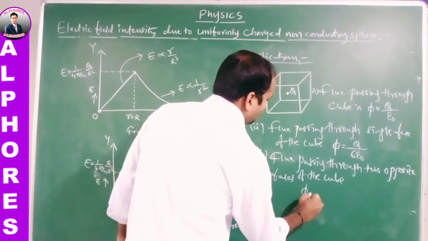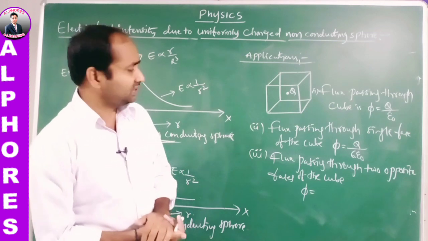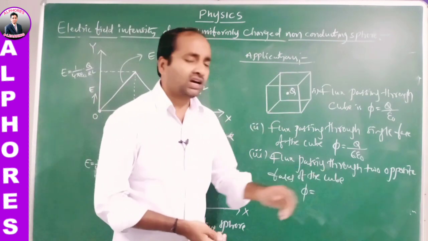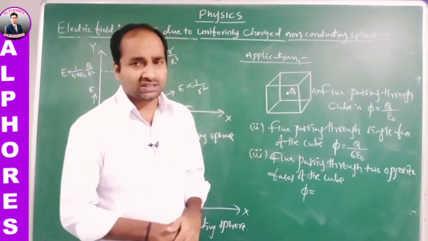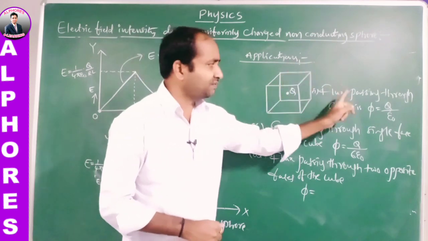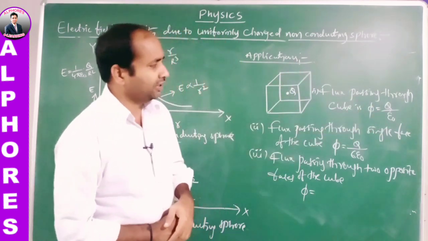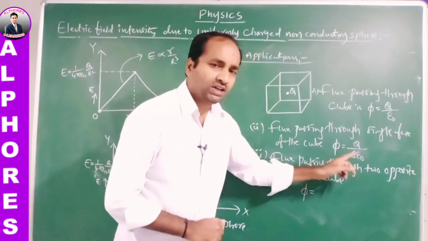Not only opposite faces, you may take any two faces. Generally we ask for two opposite faces, but in general any two faces. The flux passing through the 6 faces is q by epsilon naught. A single face is q by 6 epsilon naught.